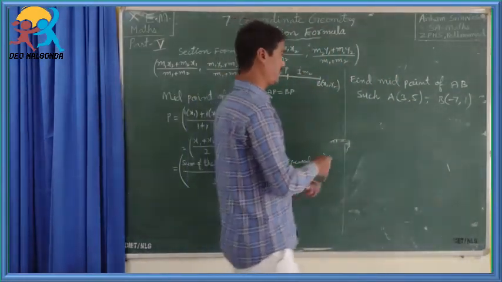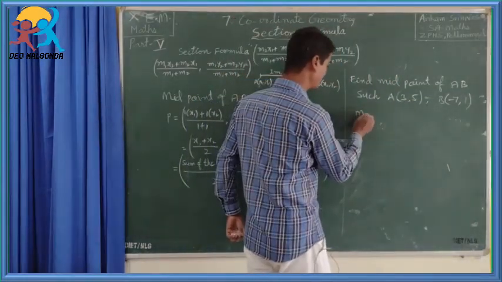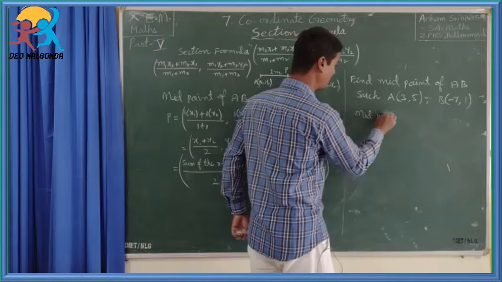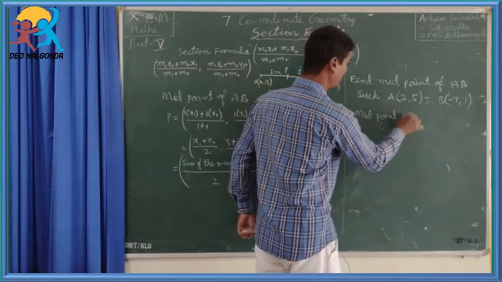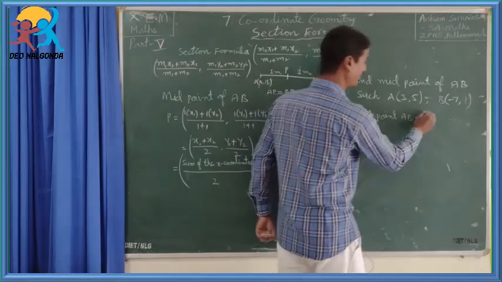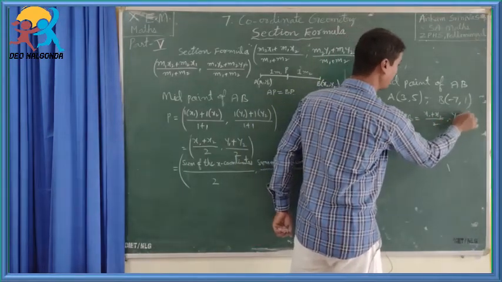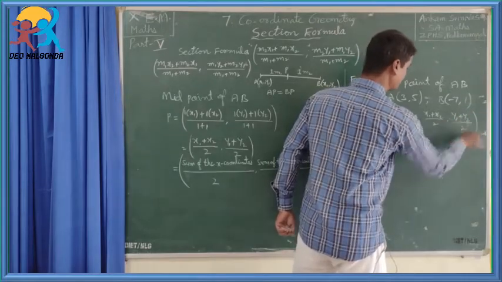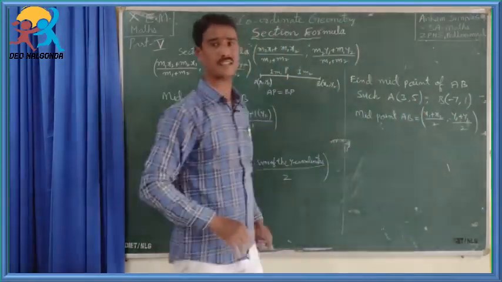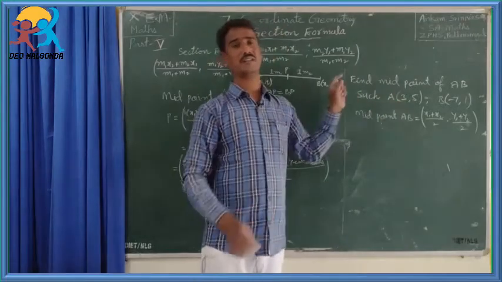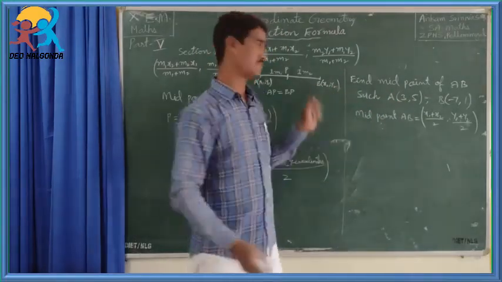Now the midpoint of AB. Solution, very easy. Midpoint of AB. What is the midpoint formula? X1 plus X2 by 2 comma Y1 plus Y2 by 2. Easy, children. Sum of X coordinates by 2 comma sum of Y coordinates by 2.